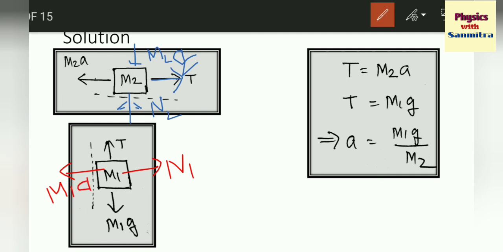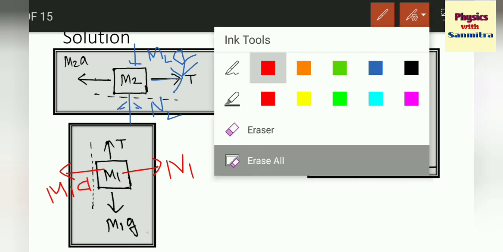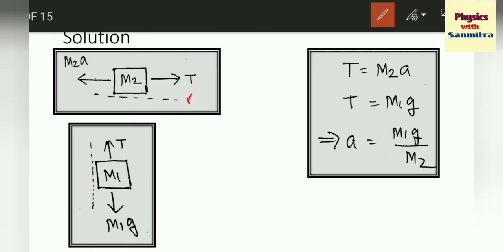Okay, now let's clear this, showing only those forces which we need. Now this is T, this is M2A, these two should be equal for equilibrium. T minus M2A should be 0, so T is equal to M2A.